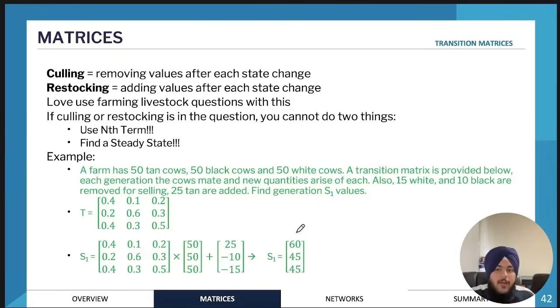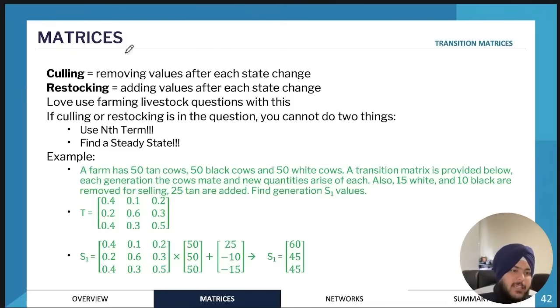Okay, and then we can also have culling and restocking. So instead of it just being the same number of students at the oval and the canteen, this is like the beginning of the school year and we're getting new students coming in every week or every day.